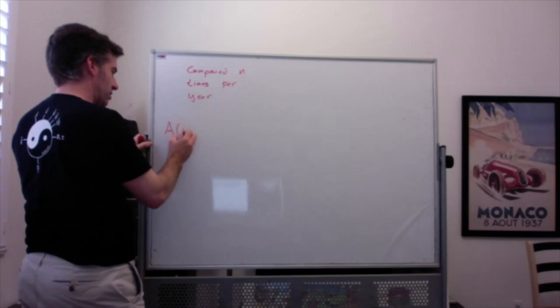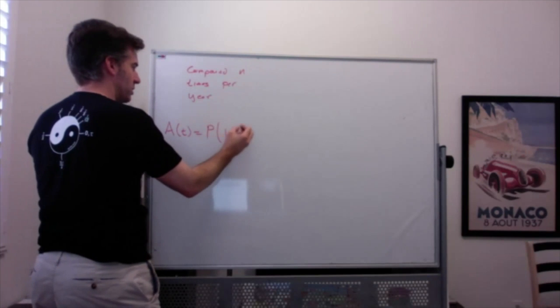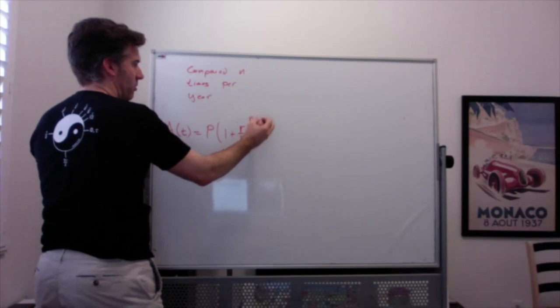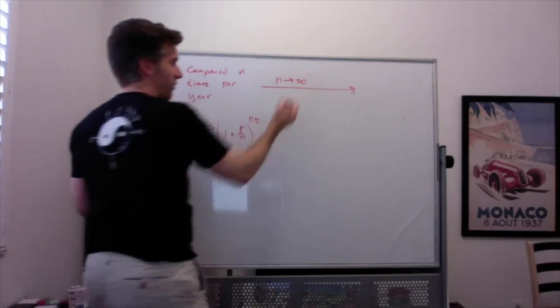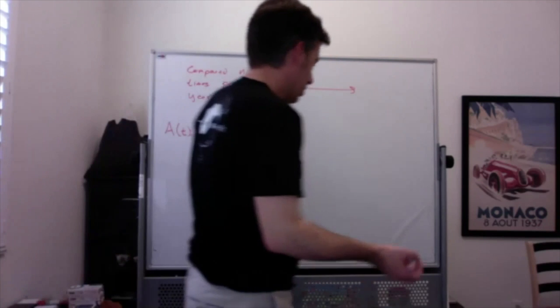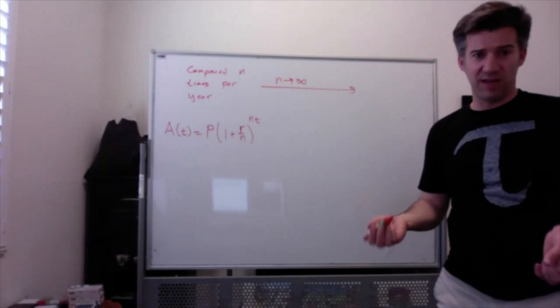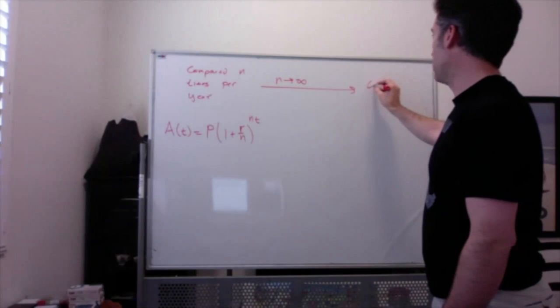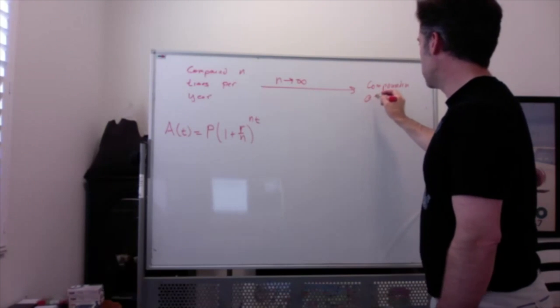The amount of money after t years is the principal times 1 plus r over n to the nt power. But if we let n go to infinity, so if n gets infinitely large, we're no longer compounding n times per year. I mean, we're compounding an infinite number of times per year, but we usually use the words that we are compounding continuously.